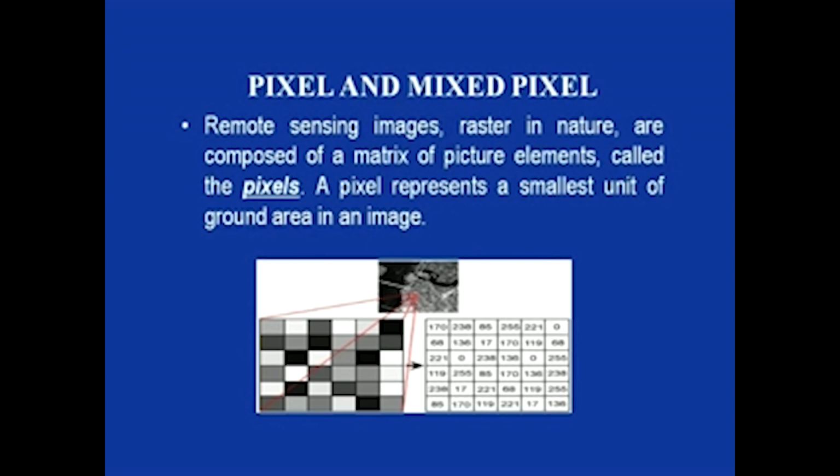If one looks at this particular graphic shown below, a digital image has been acquired for a particular area, and for a very small portion a blowout has been provided, which shows that each ground element can be shown in terms of certain cells, and each cell has a variation in grayness, ranging from white to black.